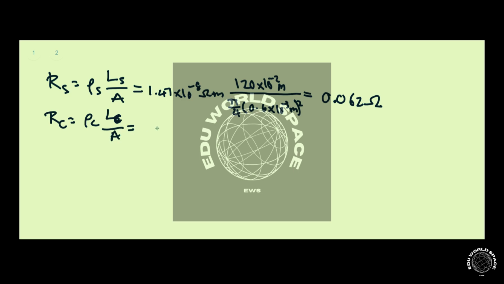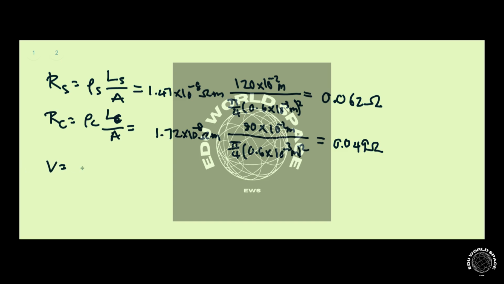So the resistivity of copper, 1.72 times 10 to the minus 8 ohm meters, a little bit higher, multiplied by the length of that segment divided by pi over 4 times the diameter squared. We're told they have the same diameter, so they'll have the same cross-sectional area. And this number is 0.049 ohms.